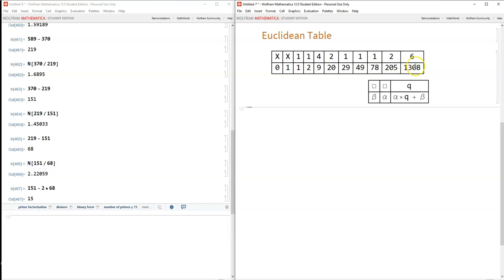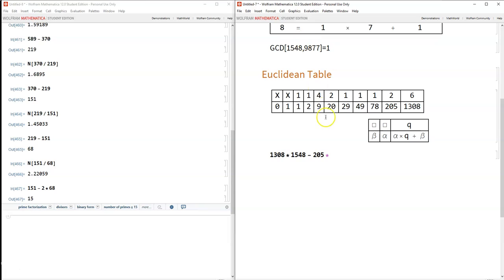The two values we're interested in are these last two. I'm going to take the largest, and multiply that by the number I am trying to invert, 1548. Then I take the second largest, and multiply that by my modulus, which is 9877.